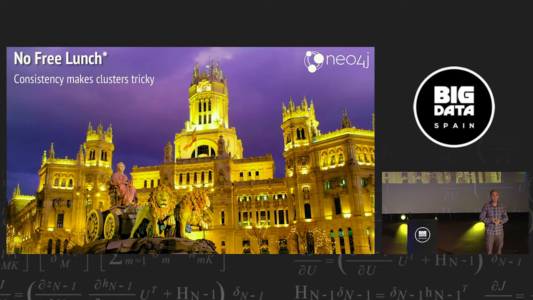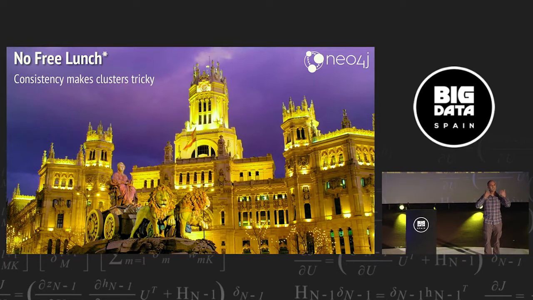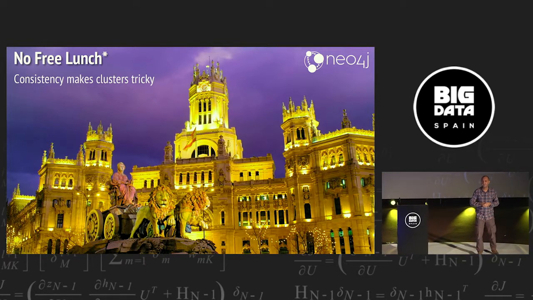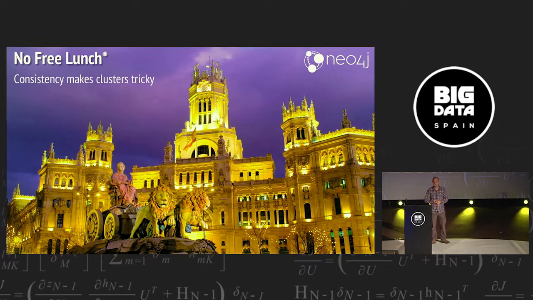And you've got this thing called time, right? And time is evil. Reasoning about it is really hard in distributed computing. So there's no free lunch. And wanting a good consistency model in a cluster makes things tricky.